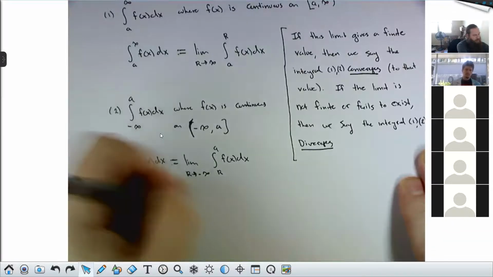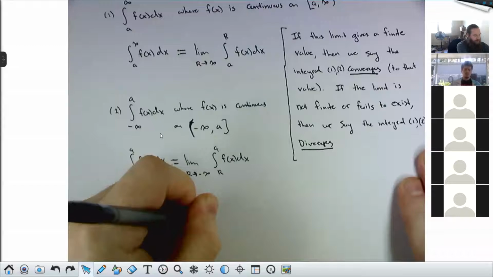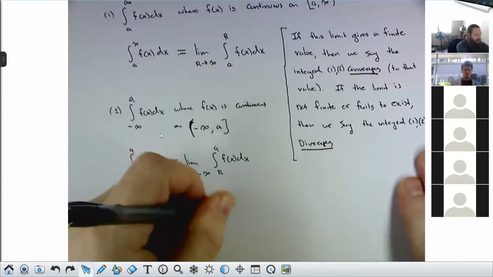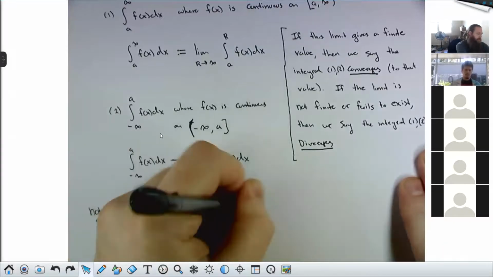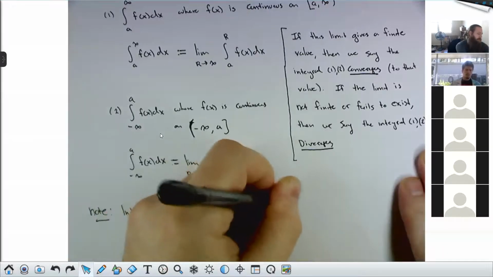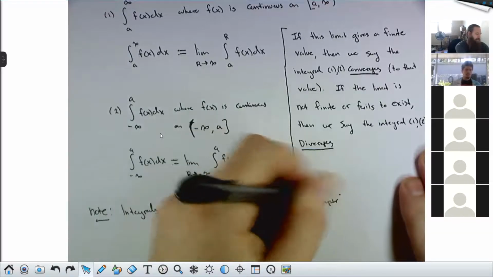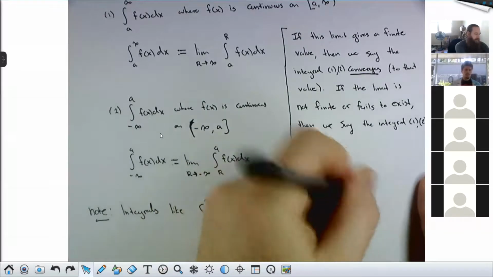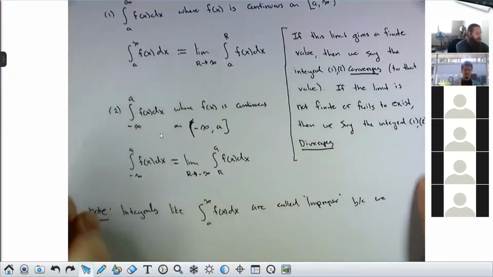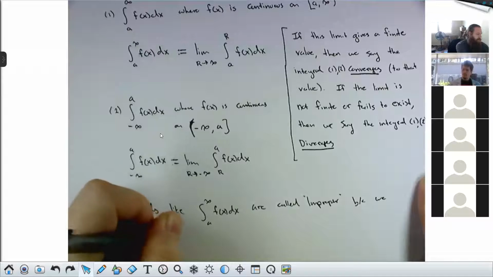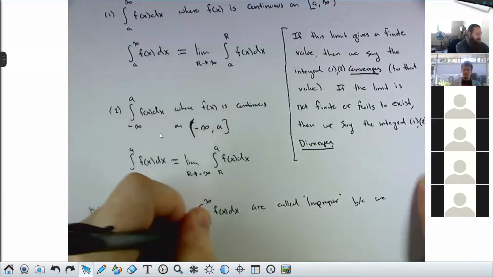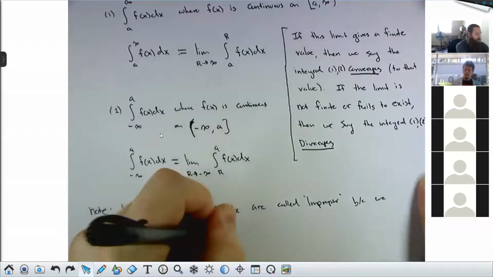Integrals like the integral from a to infinity of f of x dx are called improper because we can't construct Riemann sums for them.